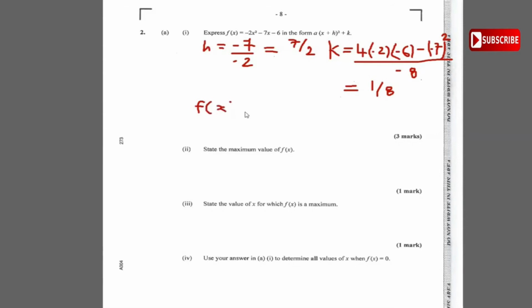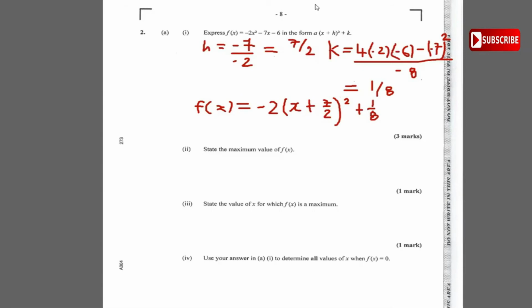So f of x is equal to a, which is negative 2, in bracket x plus h, which is x plus 7 over 2, squared, plus k, which is plus 1 over 8. That's f of x.